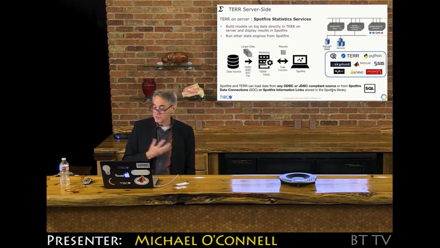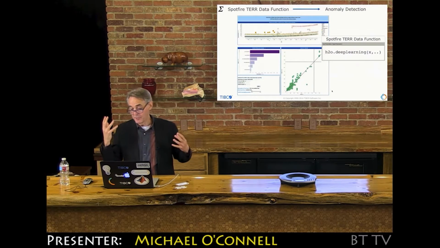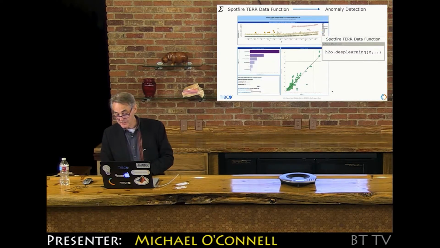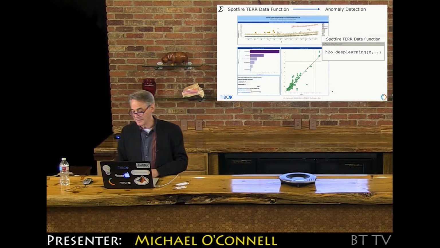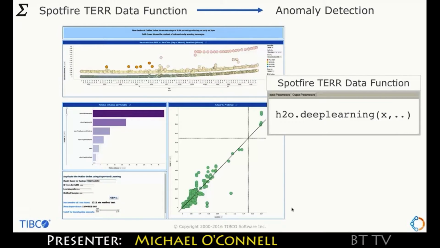This allows you to do deep learning, for example, as a hot topic, especially with SkyMind and H2O. These guys have great tools for doing that. We can set up a Spotfire TERR data function for calling into SkyMind or H2O and run that in the same input-output data function paradigm that I just showed you.